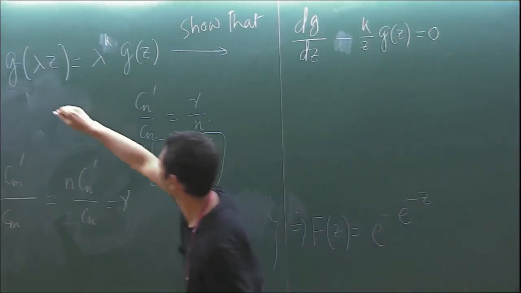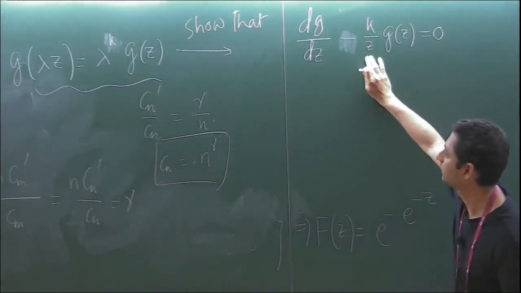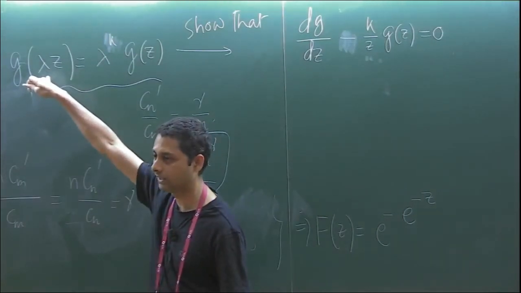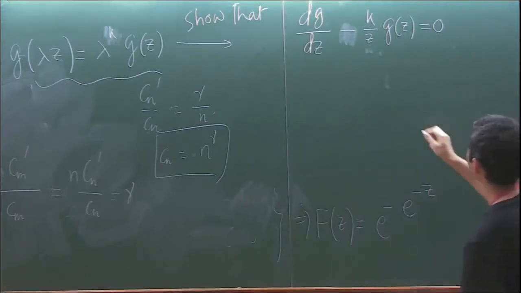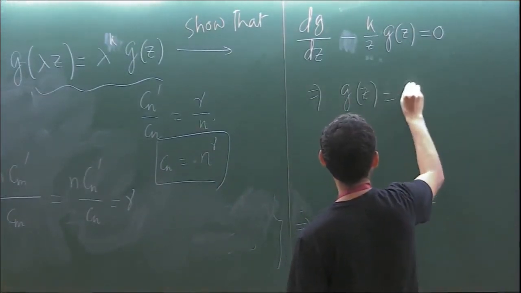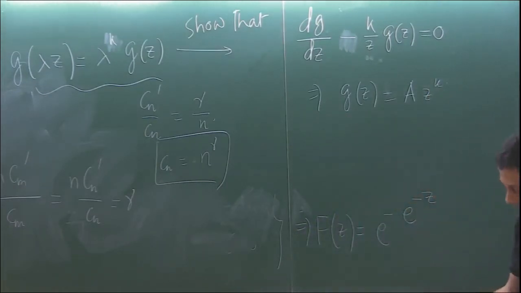Given this property of homogeneous functions, you can take a derivative with respect to z and with respect to lambda, and see that it satisfies this differential equation. The solution is given by g(z) is some a z to the power k.